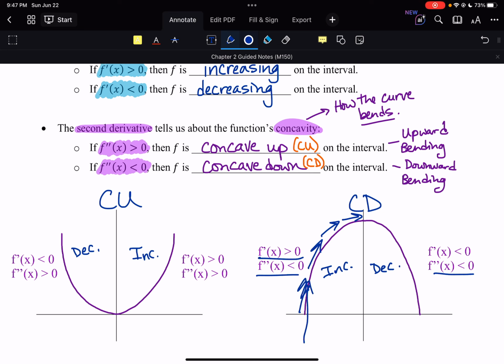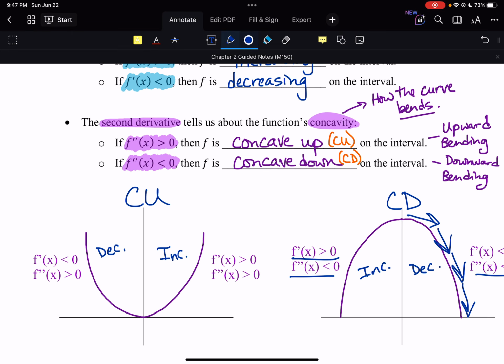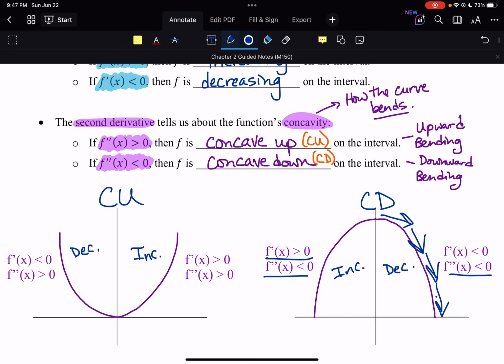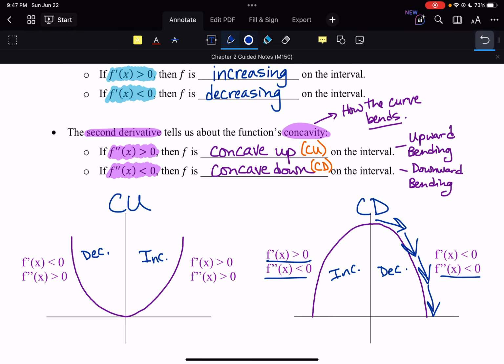They're very, very steep, very, very large, and they're getting smaller and smaller and smaller, right? Still increasing, but bending downward. And then on the flip side, slopes that are negative, it's going down and it's bending down. So it's starting to get down faster and faster and faster as we go.